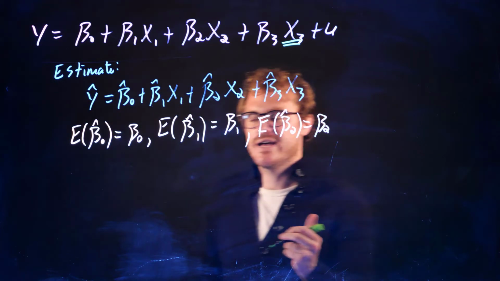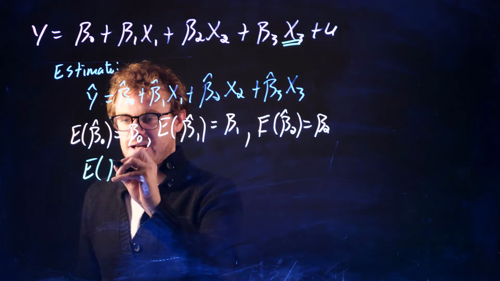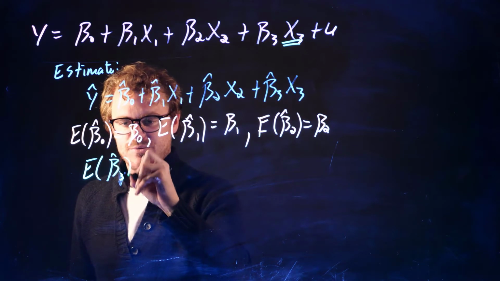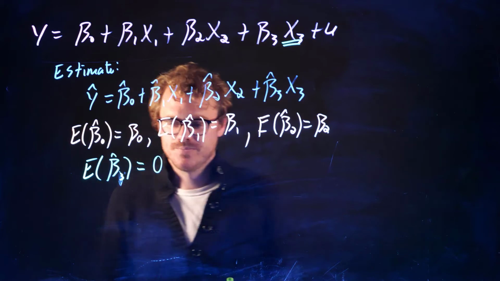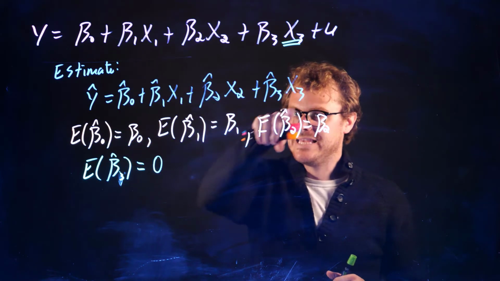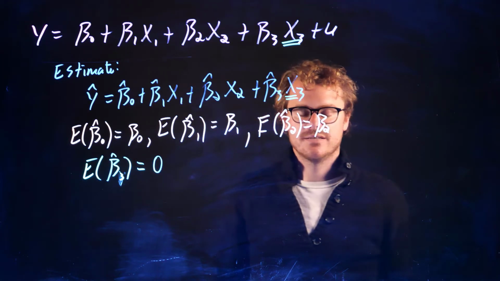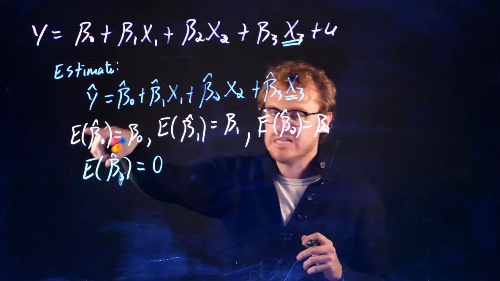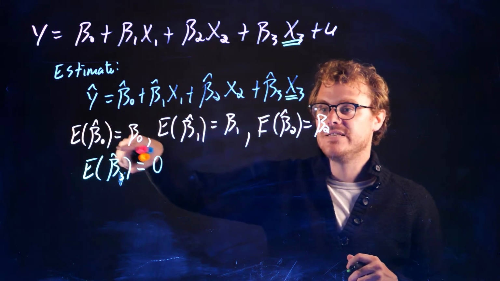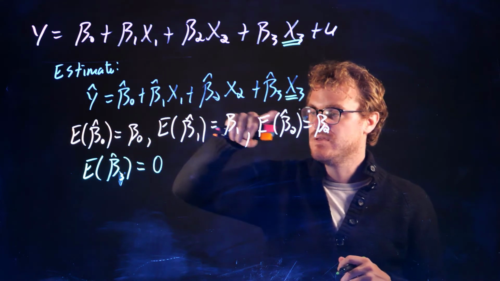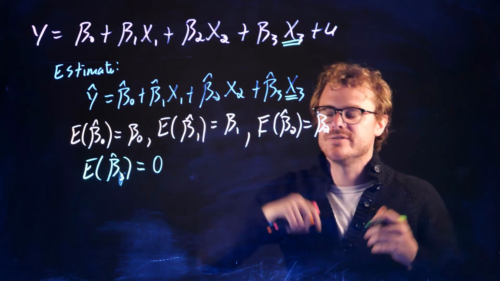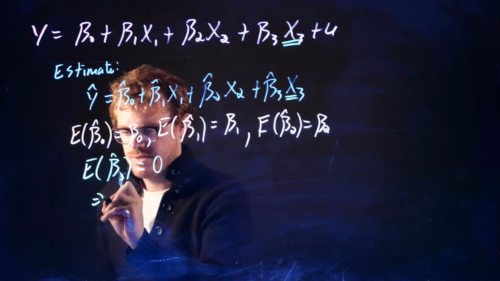And now in terms of x3, in expectation, our beta hat 3 is going to be equal to 0. So notice that including this x3 that has no effect on y is not affecting the unbiasedness of all of these other parameters that we're trying to find, or these other estimators we're using to learn something about these parameters.